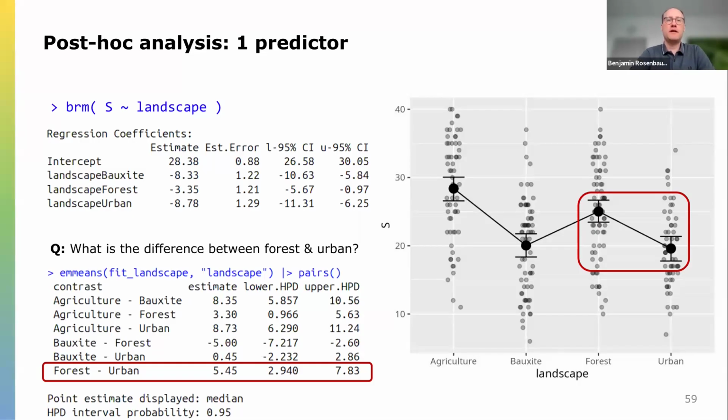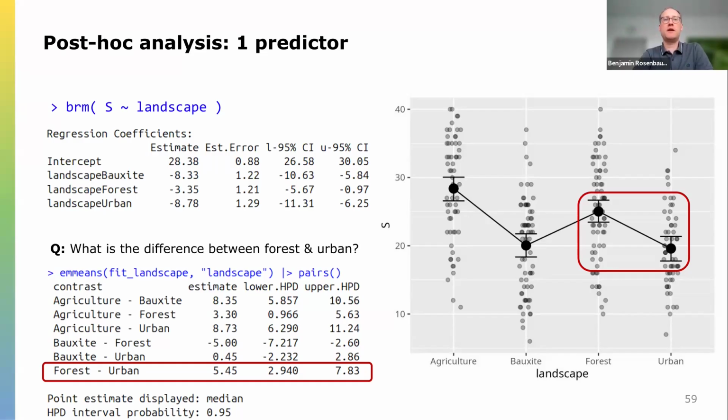And you can apply the pairs function to the emmeans output. Here I use this pipe notation where the pairs function is evaluated after the emmeans function, but you can also just say pairs of emmeans of, and that's the classical R notation.